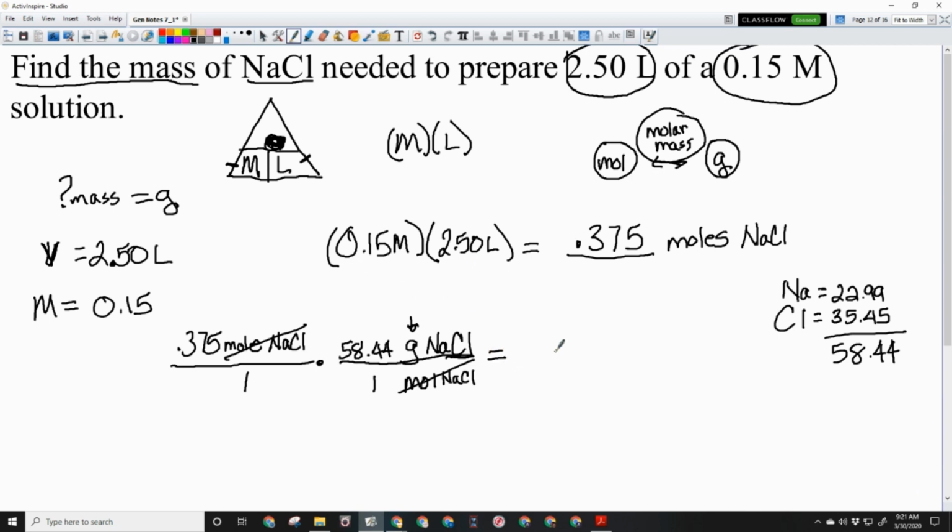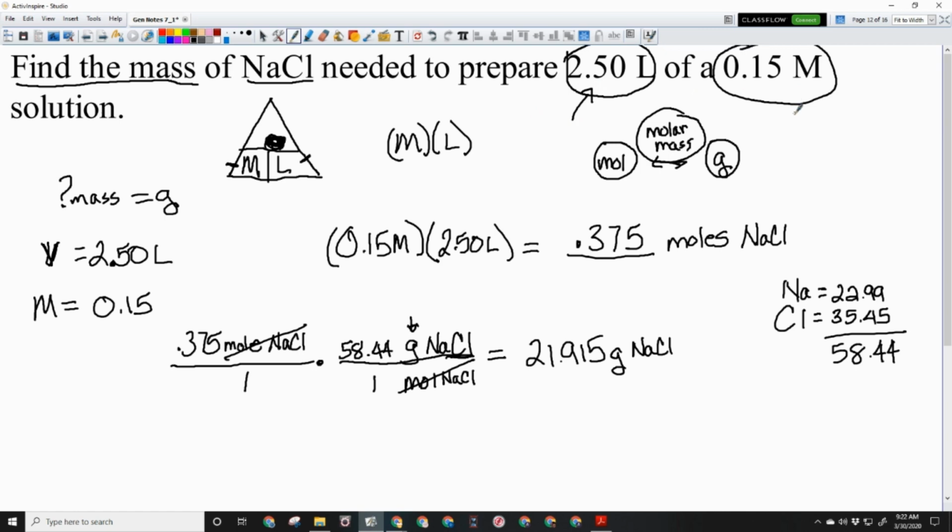So 0.375 times 58.44 is going to equal 21.915 grams of NaCl. However, we need to check our sig figs.